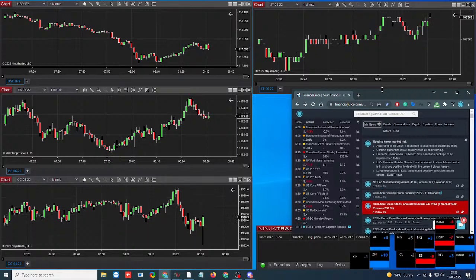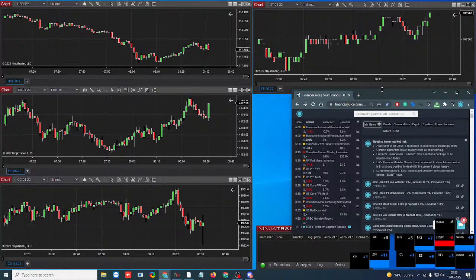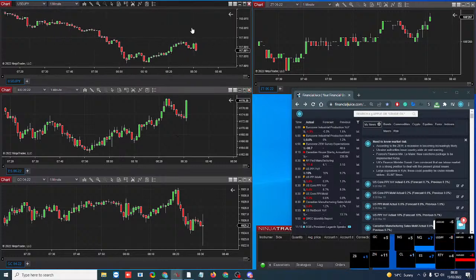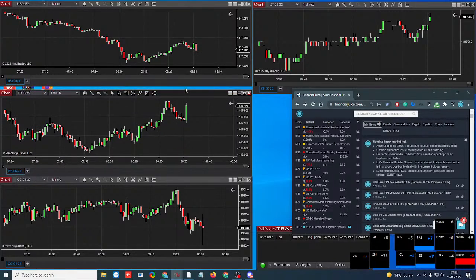Seeing the Fed coming in, PPI month on month coming in slightly worse than expected, at 0.8%, lower than the forecast of 0.9%. So seeing what we can see here, we're seeing the S&P 500 seeing that movement towards the upside there, so not as strong as expected from the PPI report.